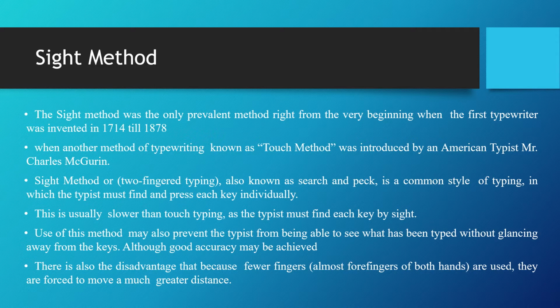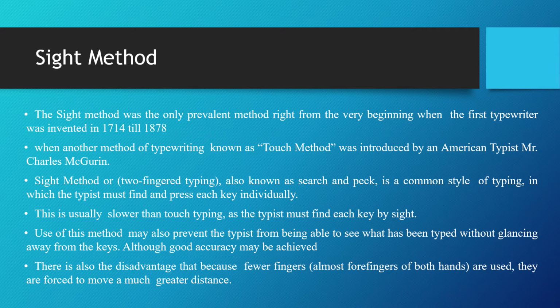This is usually slower than the touch method. Use of the sight method may also prevent the typist from seeing what has been typed without glancing. It means a user can search for the key and then press it, so a good accuracy level will be maintained.